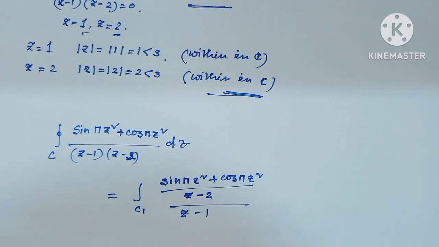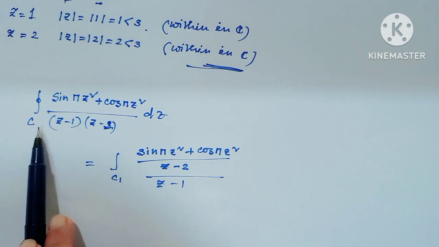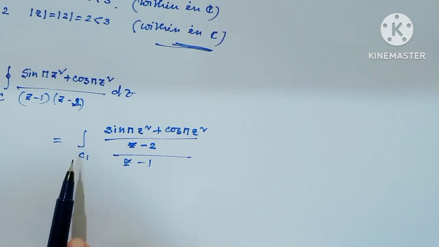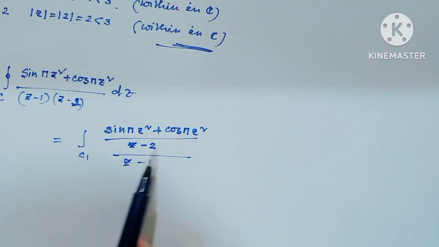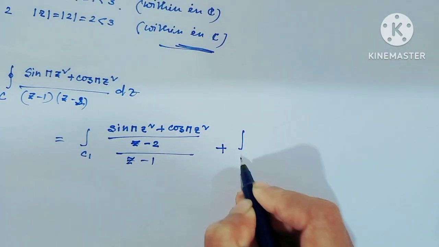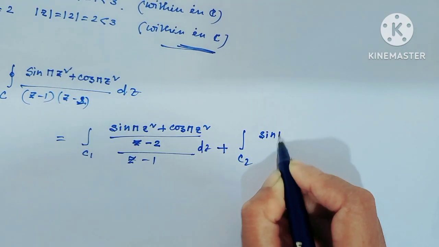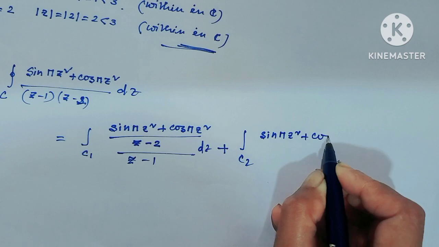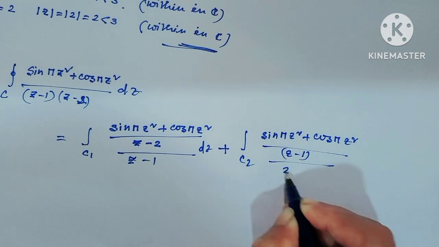I will here use them together. The integration along the contour C means the integration along C1, where the integrand is (sin pi z square plus cos pi z square) over (z minus 2), divided by (z minus 1), plus the integration along the contour C2, this here dz, which means (sin pi z square plus cos pi z square) over (z minus 1), divided by (z minus 2) dz.